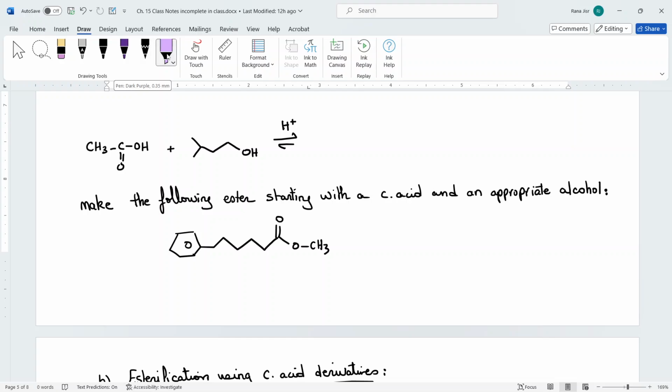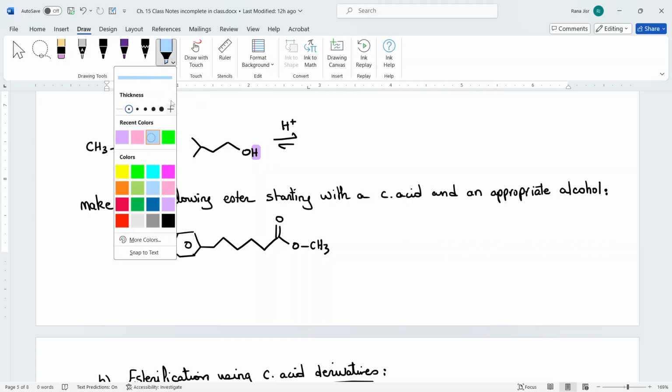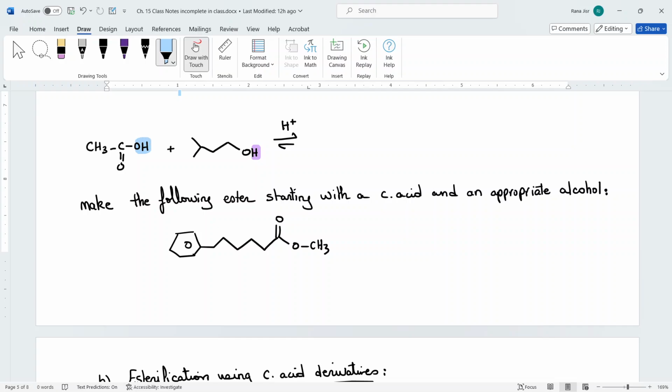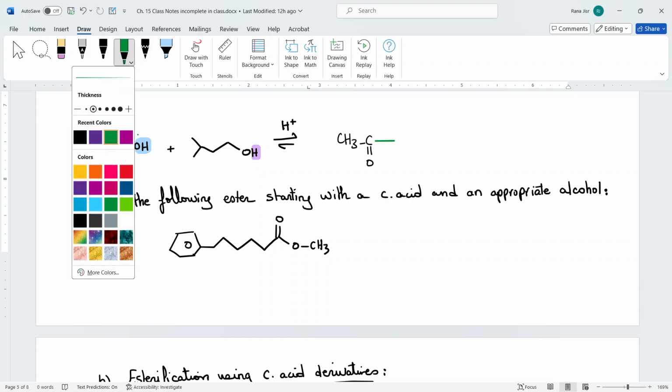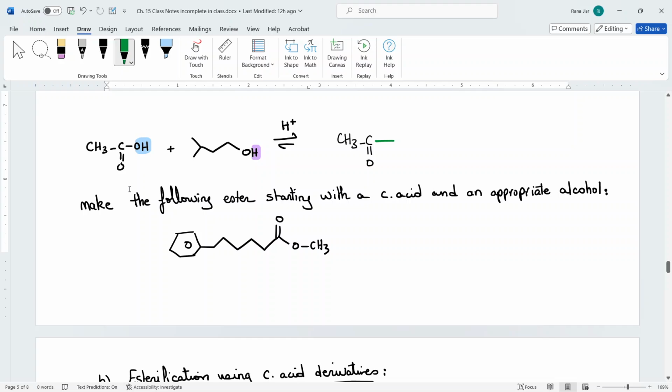Let's have another example here. The alcohol loses the hydrogen, and the acid will lose the OH, and then you're going to combine everything together. So I'm going to start with my leftover from the acid. I am making a new bond, the ester bond, and then that ester bond will be connected to the oxygen of the ester.